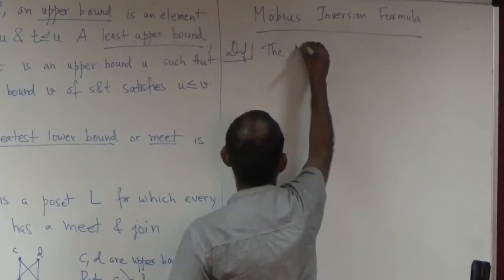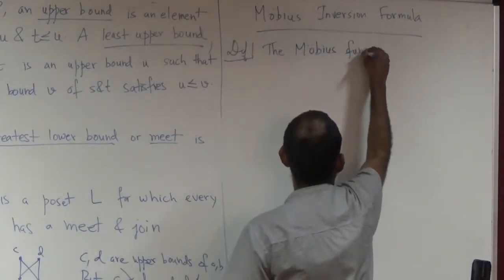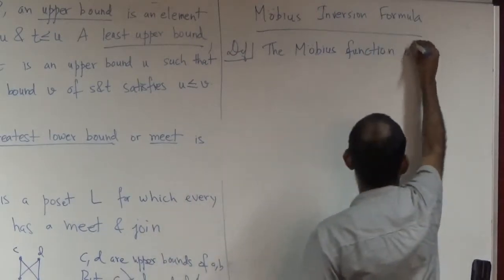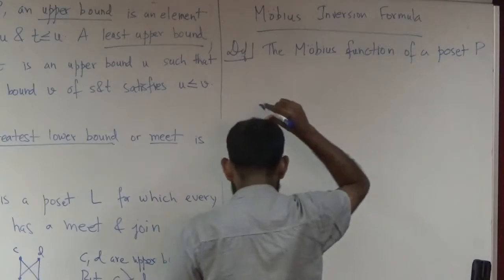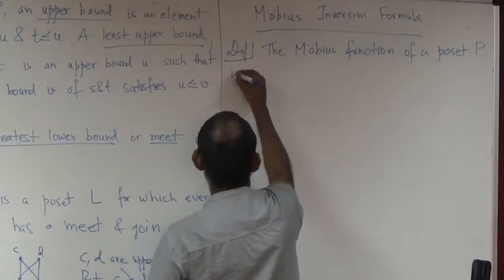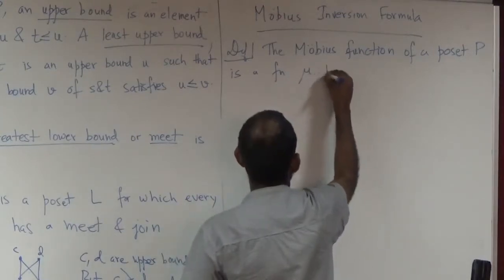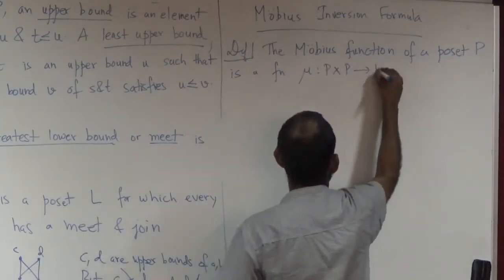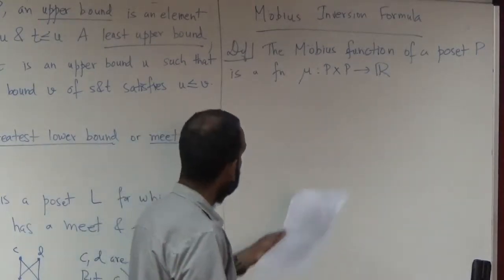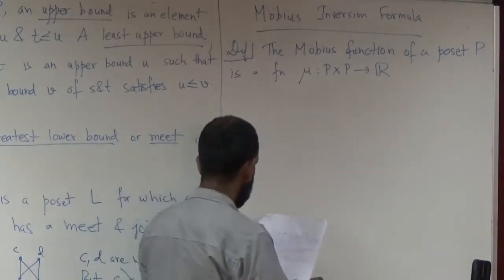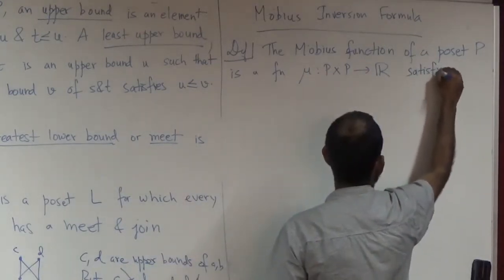The Mobius function of a poset P is a function mu from P cross P to R. It's not necessary to have it on R, but it's okay for our purposes, satisfying the following properties.